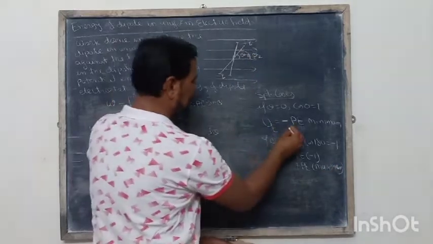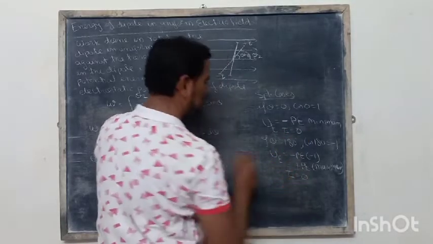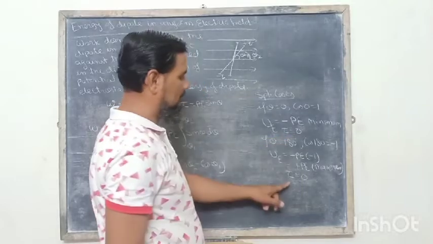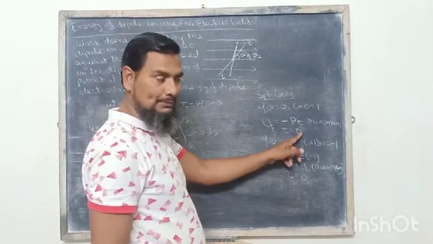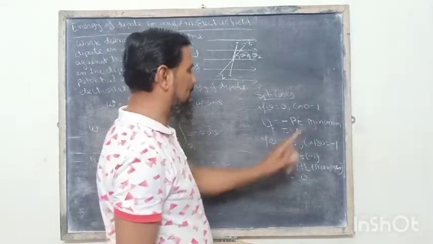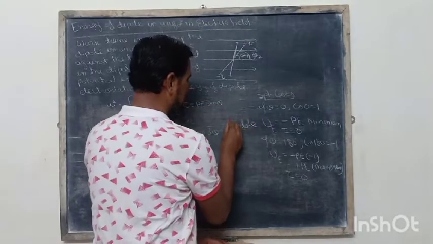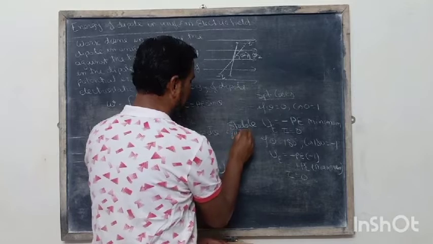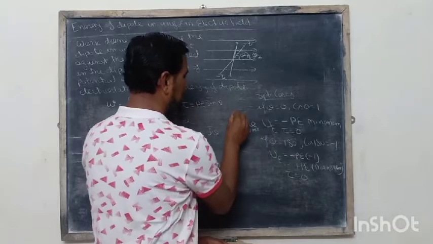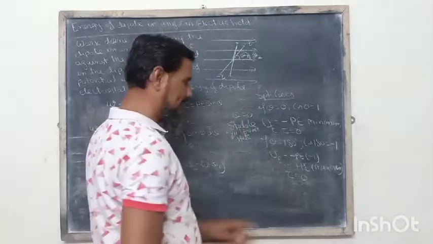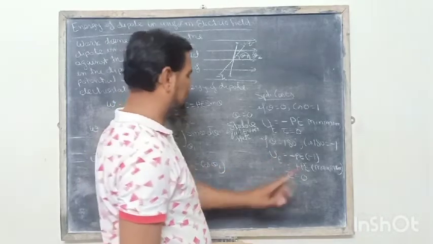We know that in the case where theta is equal to 0, the torque is equal to 0, which means the torque is not experienced by the dipole, and the potential energy is minimum. So this state is called the stable equilibrium state. Theta equal to 0 is the stable equilibrium state. In the case of theta equal to 180, the torque is also 0 but the potential energy is maximum.